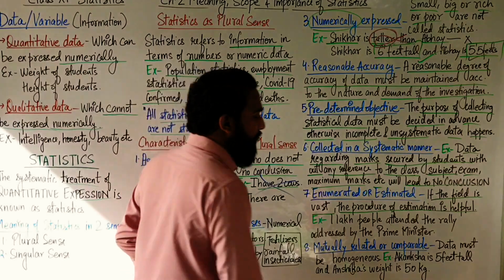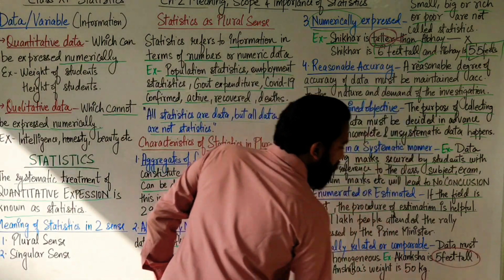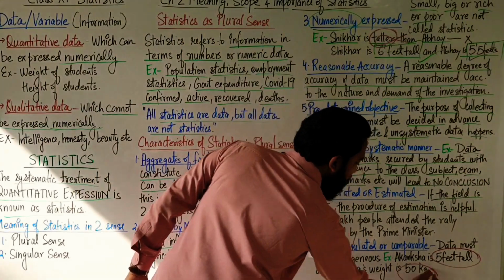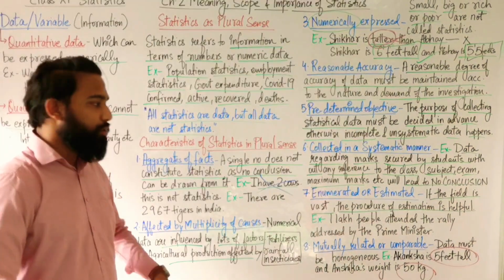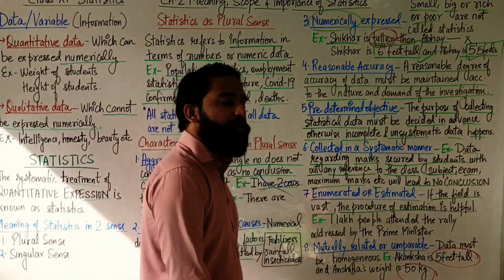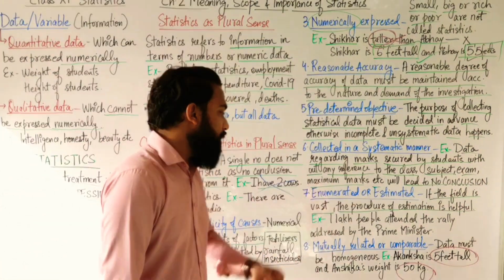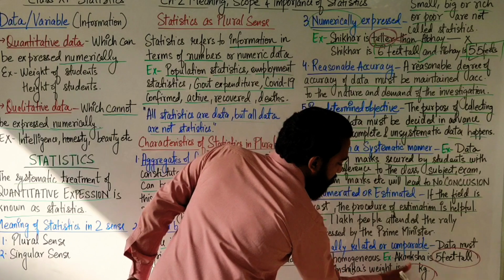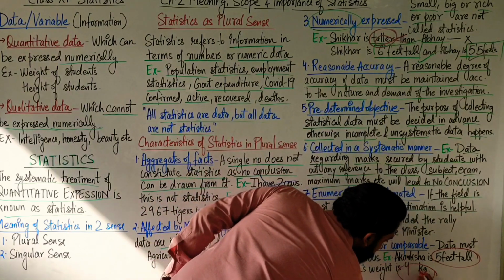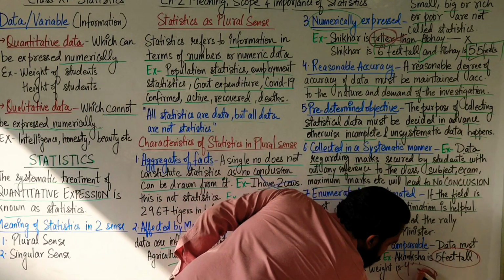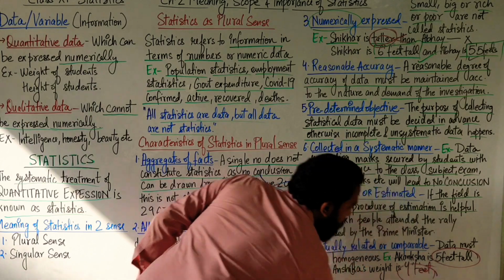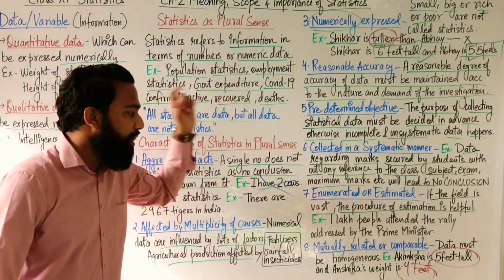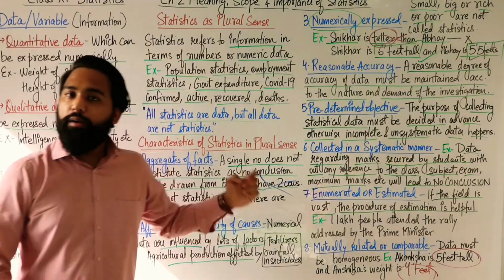No, you cannot compare because Akansha's height is given and Anshika's weight is given. So in that case, your data is not homogeneous. So you need homogeneous data. If it was written that Anshika's height is 4 feet, then it will be homogeneous data and you can compare Akansha and Anshika both.